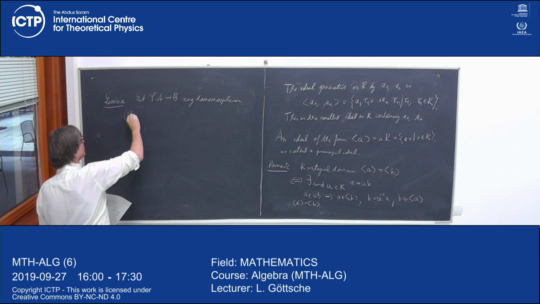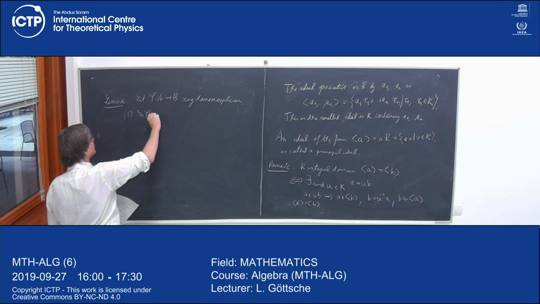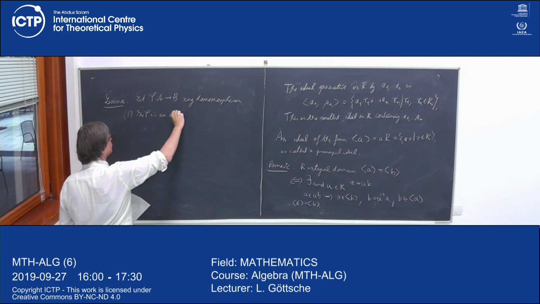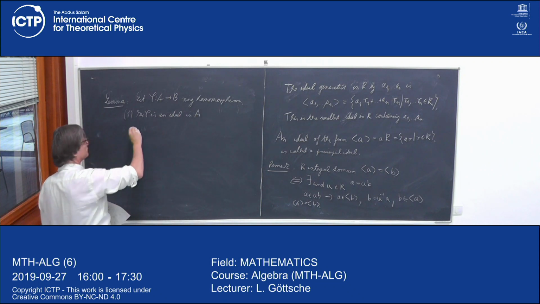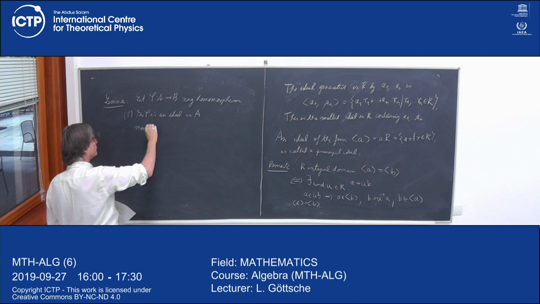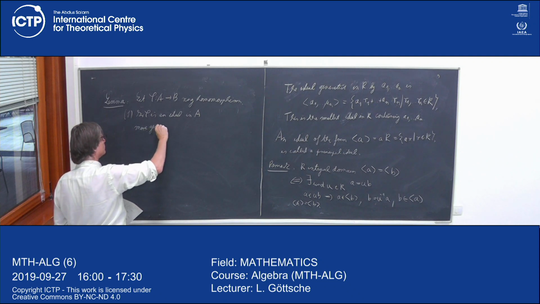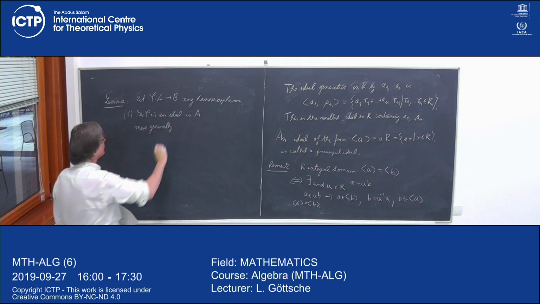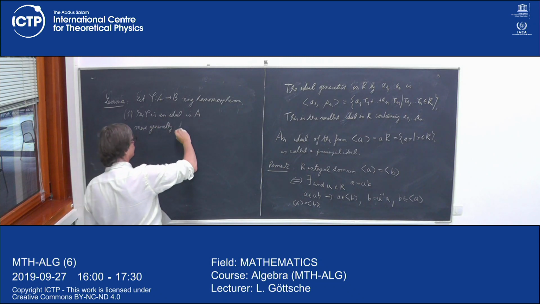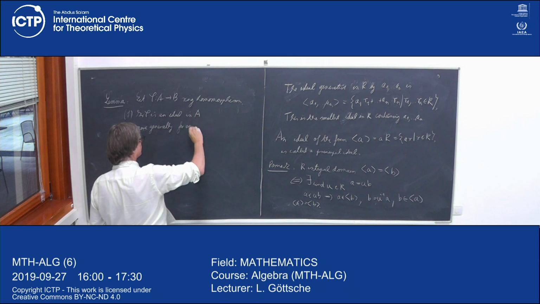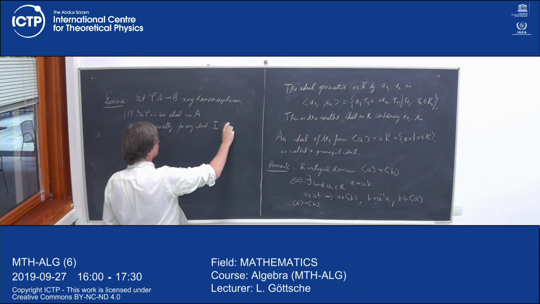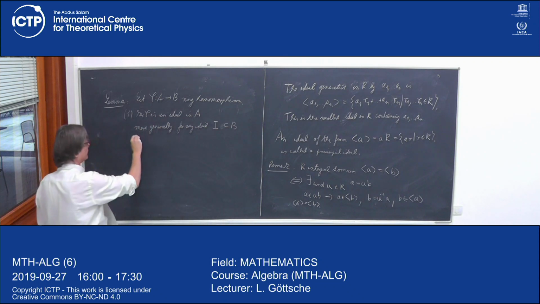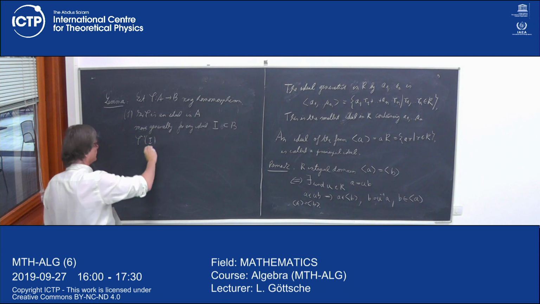Then first, the kernel of phi is an ideal in A, and more generally, we have that for any ideal I in B, we have that phi to the minus 1 of I is an ideal in A.